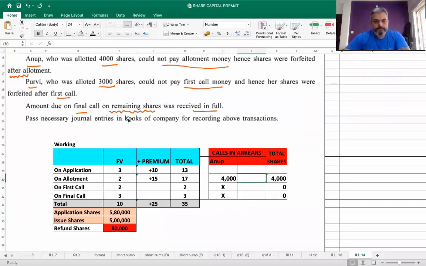Then Purvi, who was allotted 3,000 shares, did not pay the first call and her shares were also forfeited after the first call. So I'm using this cross so that you know that these 4,000 shares will not come again on first call or final call, and these 3,000 shares will not come again on final call.